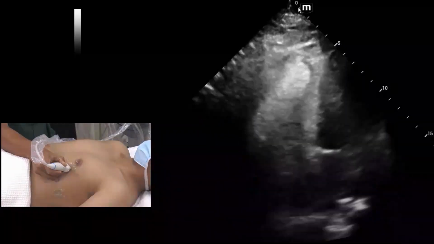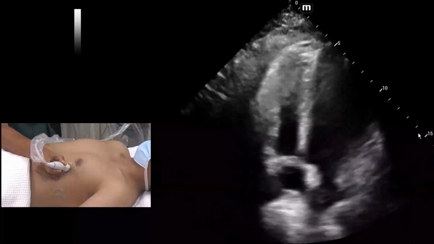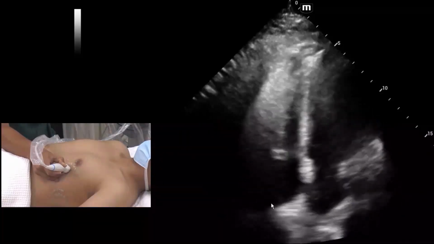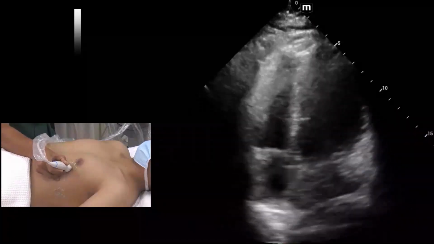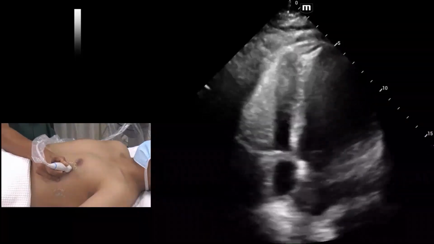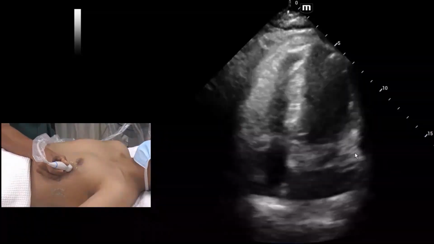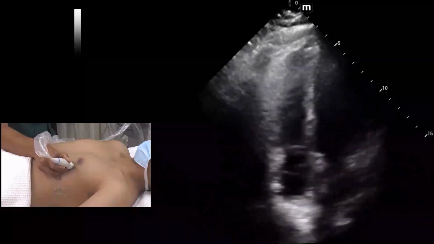Number two, look at the centimetric measurement: this is 5, 10, 15. Anything beyond 15, you can consider the possibility that one of the chambers is dilated. The other way, people actually measure the diameter to see whether there is chamber dilatation.